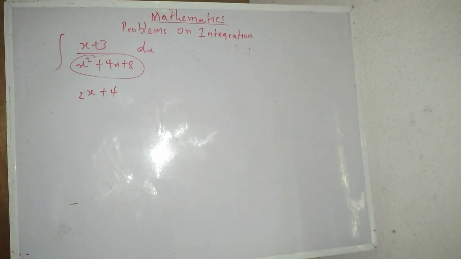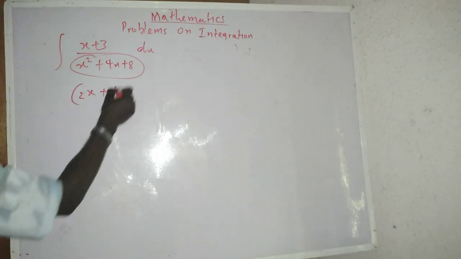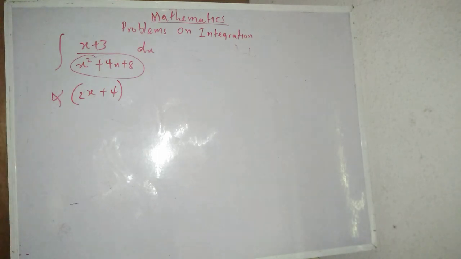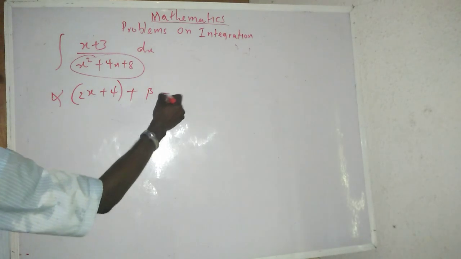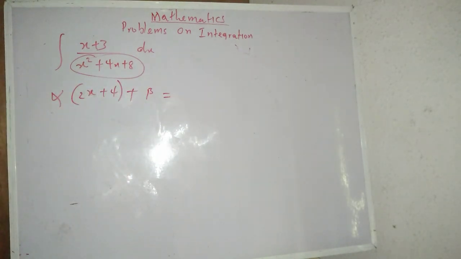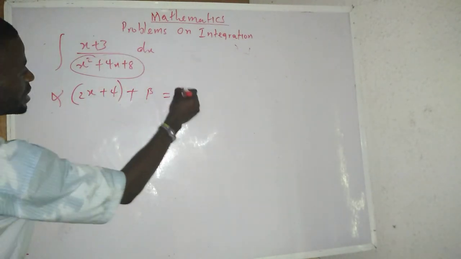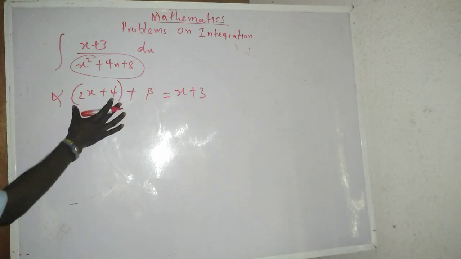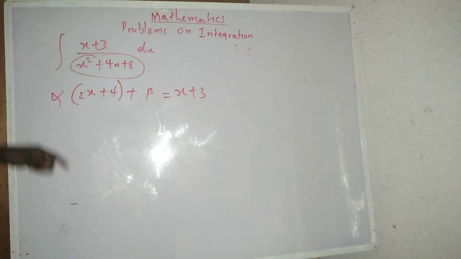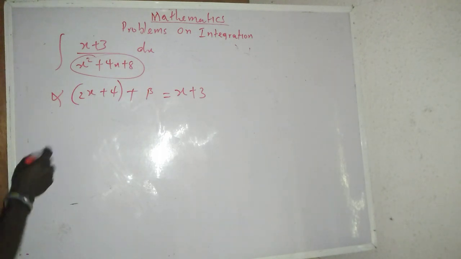That 2x plus 4, I will multiply by alpha and also add beta, and I will equate it to the numerator, which is x plus 3. Don't forget what I did: I differentiated the denominator, which I have inside the bracket, then multiplied by alpha and added beta.